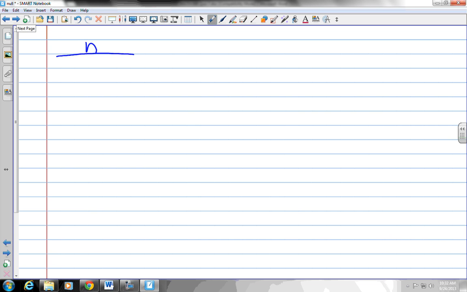N over m squared plus 2mn plus m minus 2n over 4mn. So we have to find the least common denominator, but before we do, we have to factor first.